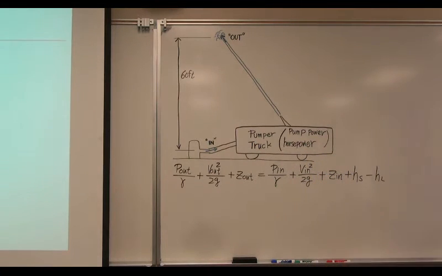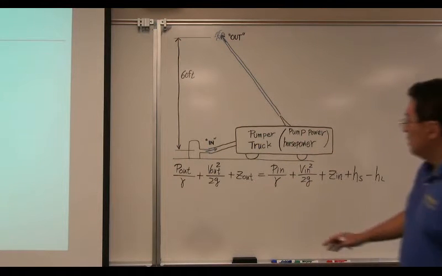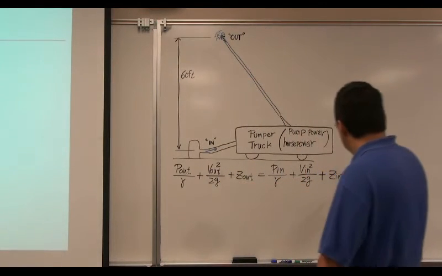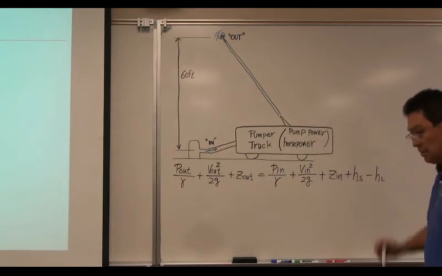So this is the energy equation in terms of head. Okay? So this is the static pressure head. This is the dynamic pressure head. This is just the elevation head. This is the shaft head, and this is the head loss.